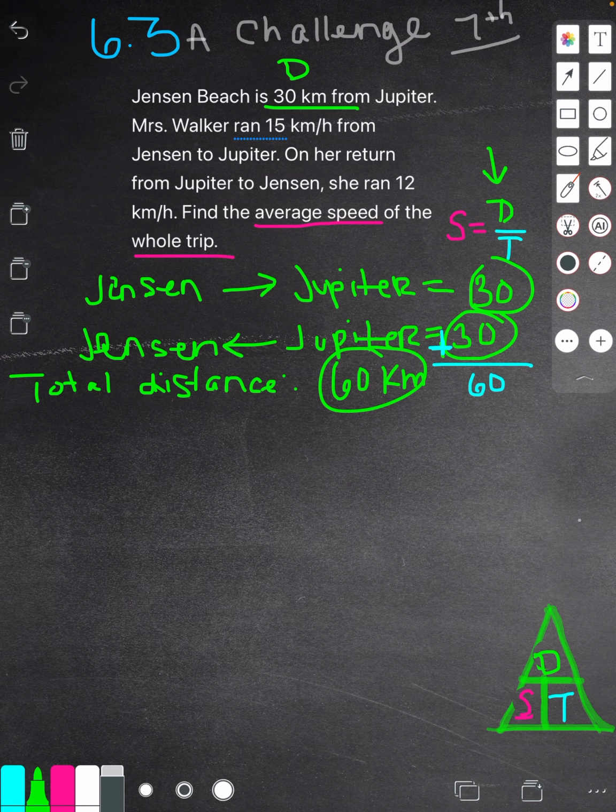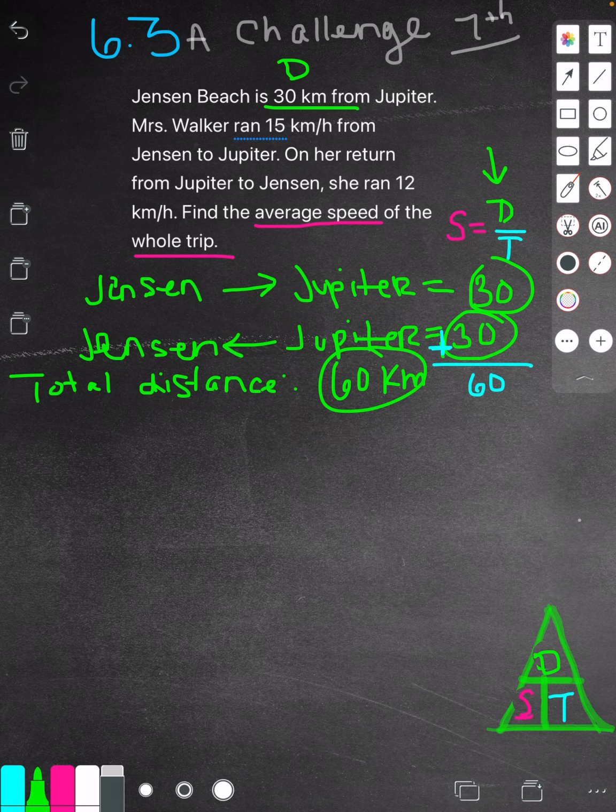That is a problem, which means we actually have to use the distance, speed, time triangle to figure out how long it took her to move from Jensen to Jupiter on the first trip, and then from Jupiter to Jensen on the second trip. So I literally have to do additional work here.